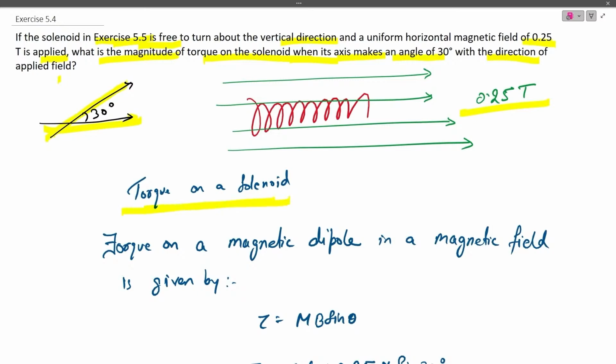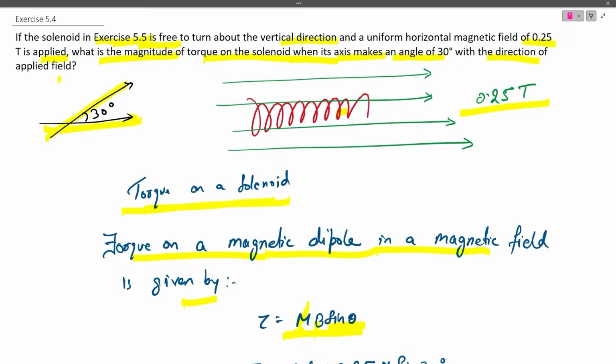We know that torque on a magnetic dipole in a magnetic field is given by tau equals m B sine theta, where m is the magnetic dipole moment. Here the solenoid acts as a magnetic dipole with the given moment, B is the magnitude of magnetic field, that is 0.25 Tesla, and theta is the angle between the solenoid axis, or the magnetic dipole, and the external magnetic field.